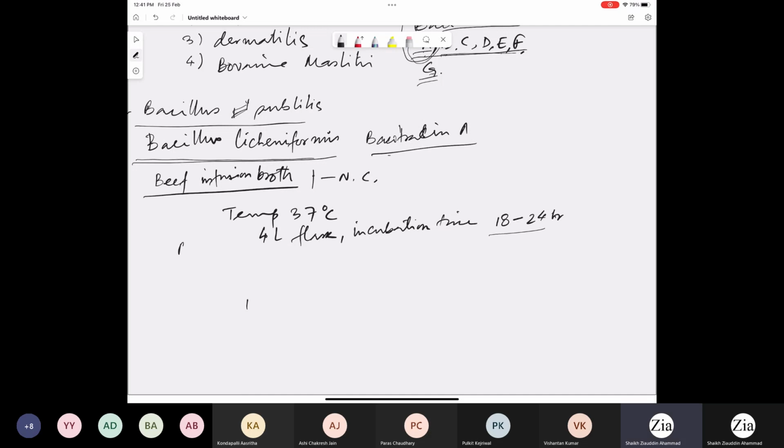I'll just give some common examples, like tryptone medium.